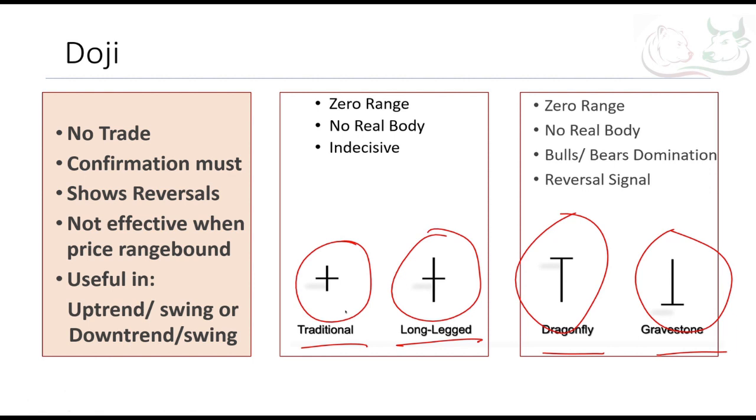Psychology is a little bit complex. First, let's understand the formation and what these candles tell us. On the other side, we'll talk about the psychology in maybe coming videos.